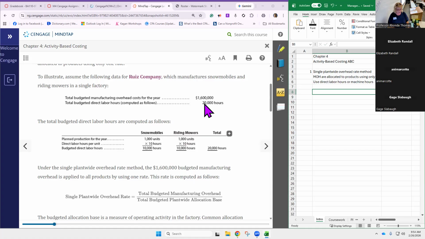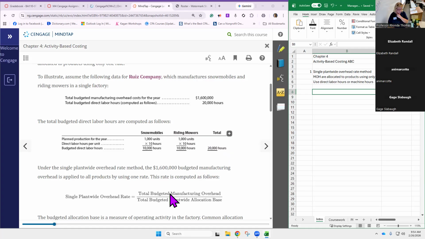So these 20,000 hours actually get split between the snowmobiles department and the riding mowers department. They're split 50-50, right? 10,000 hours goes to snowmobiles and 10,000 hours goes to riding mowers. That's where these 20,000 hours are coming from.